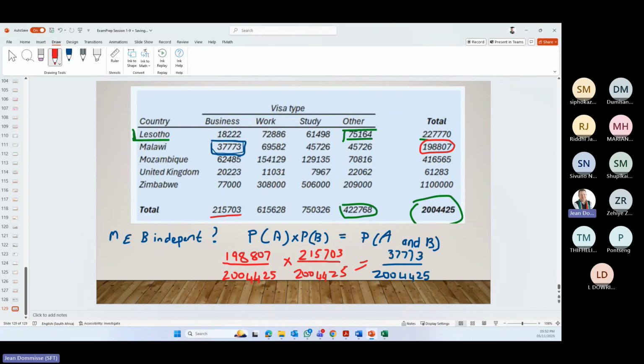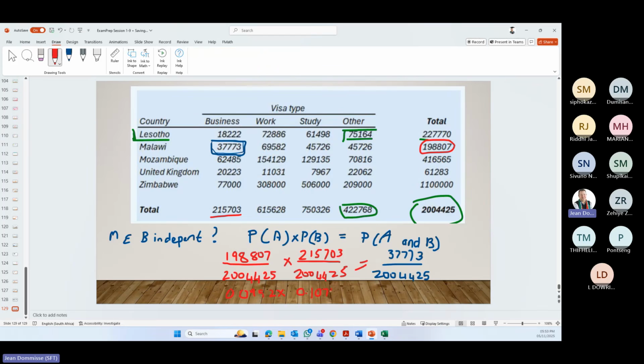So 198,807 divided by 2004425 is 0.0992. We need to multiply that with 215,703 divided by, again, 2004425, which is 0.1076.